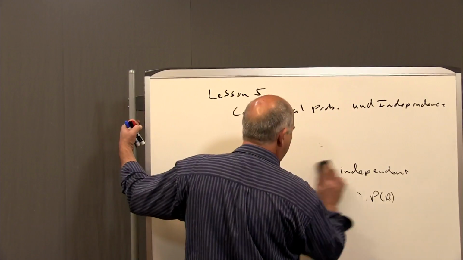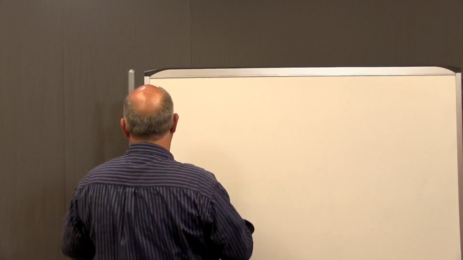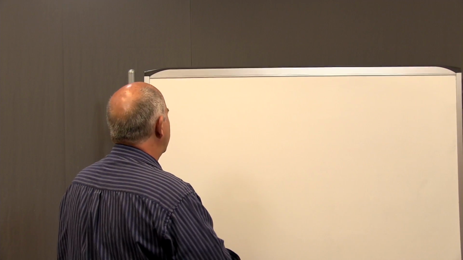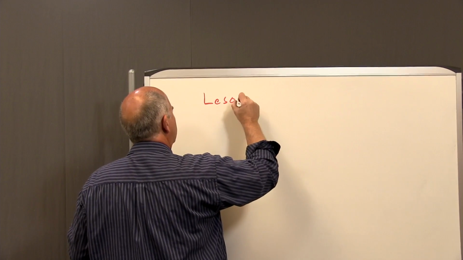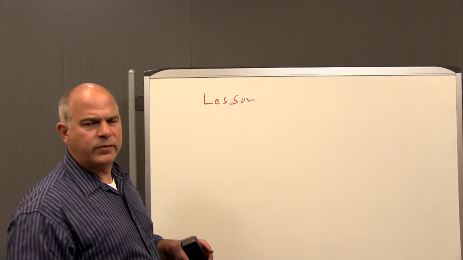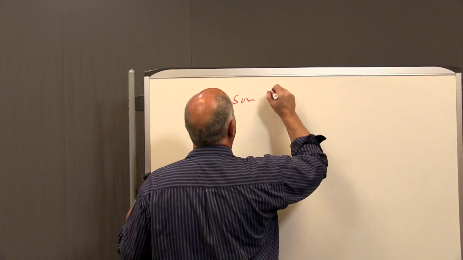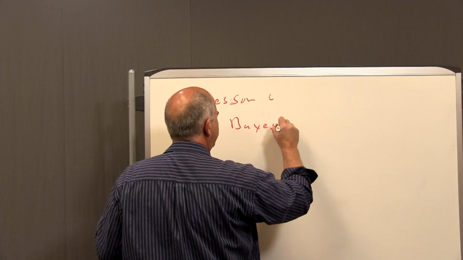So finally, lesson 6 is also on the midterm, and that's our Bayes theorem stuff. Don't want to go on too long. I've got 40 minutes here on this video, so I think I'm just going to remind you of Bayes theorem.